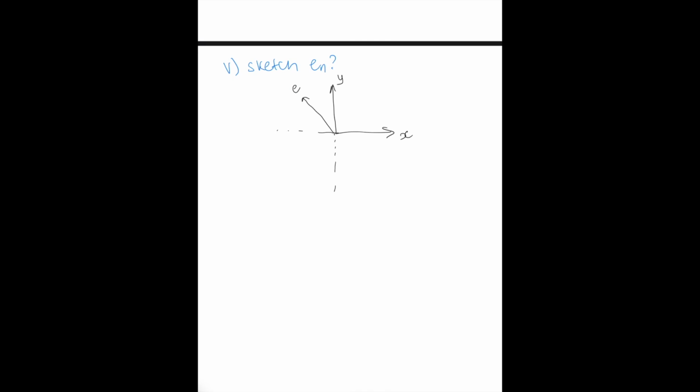This would be the direction of et, same direction as the velocity vector, with angle alpha, or 45 degrees. And the normal is just going to be perpendicular to that, which means this is also going to be alpha, or 45 degrees.